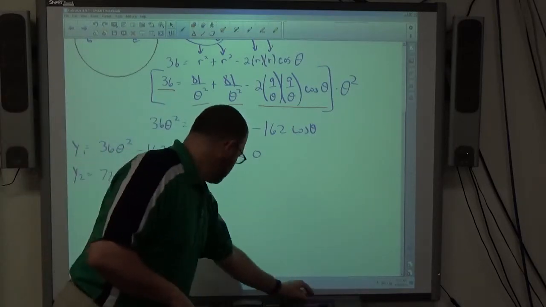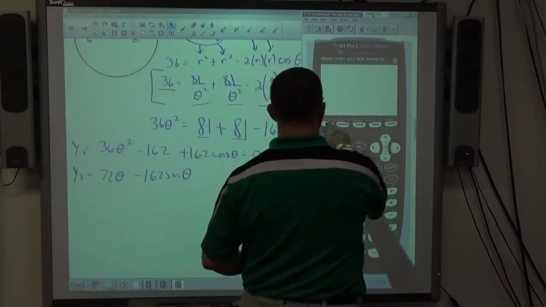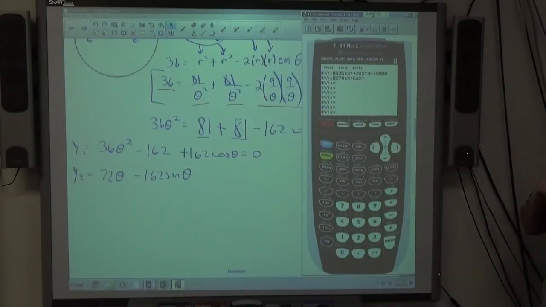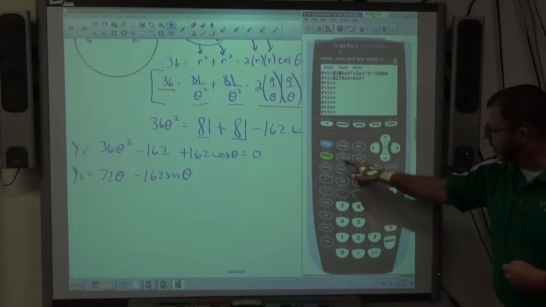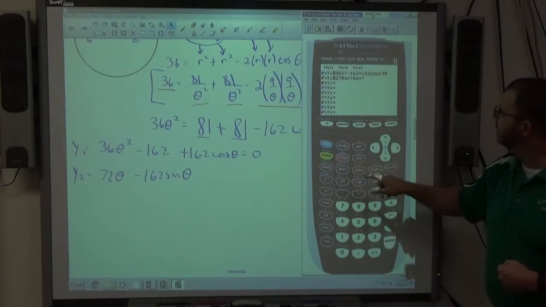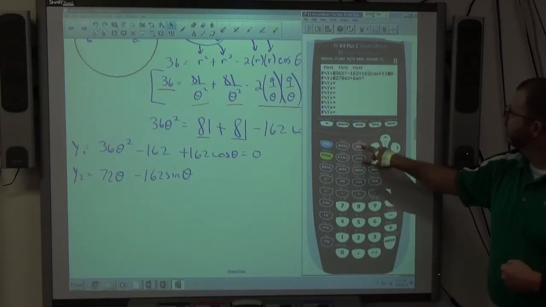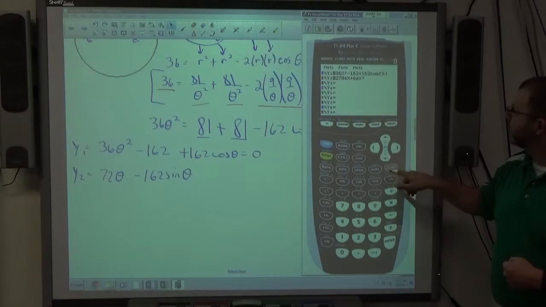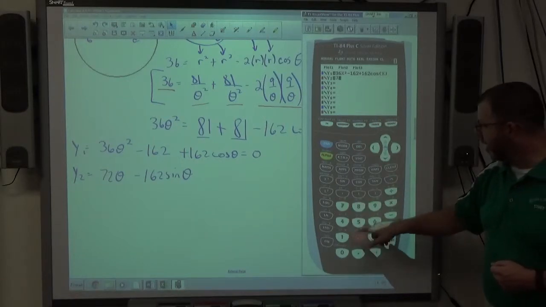All right? So I go here, type in y equals, of course I'm going to use x instead of theta when I type it in, so 36x squared minus 162 plus 162 cosine of x. Clear this out. I'm going to type in 72x minus 162 sine of x.